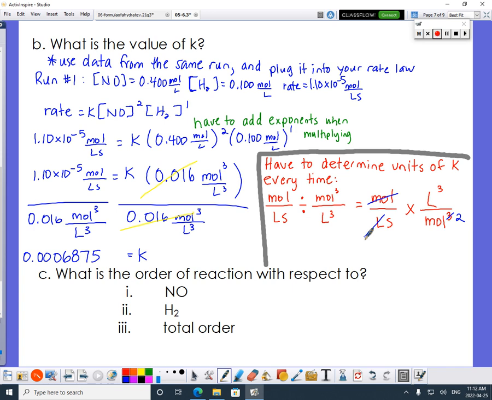This mole liters cancels one of those liters. Nothing cancels the seconds. So the units will be liters squared divided by seconds times mole squared. This is nasty and not worth a lot of marks. So just do your best, give it a try.